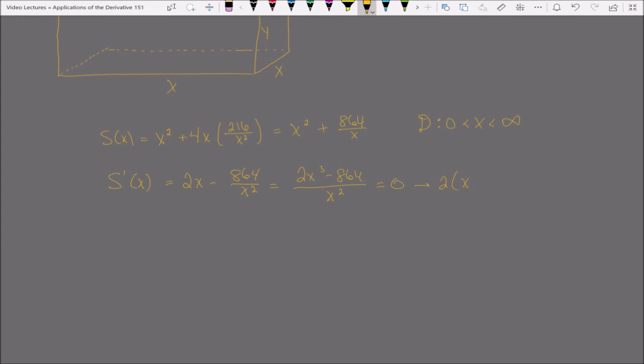This gives 2 times x cubed minus 432 is 0. So x cubed is 432, where x itself is the cube root of 432, which is 6 cube root of 2.